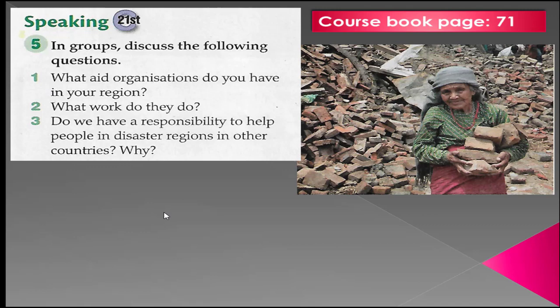And also think of what God told us to do according to our religion. So think of all these things in order to give your ideas. Why should we help others who are affected by disasters?